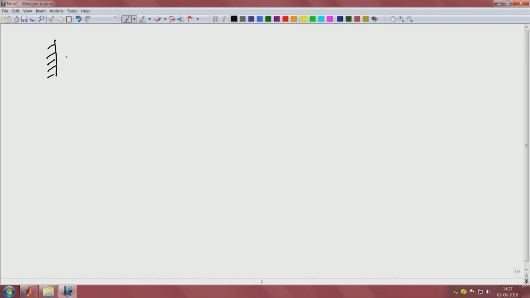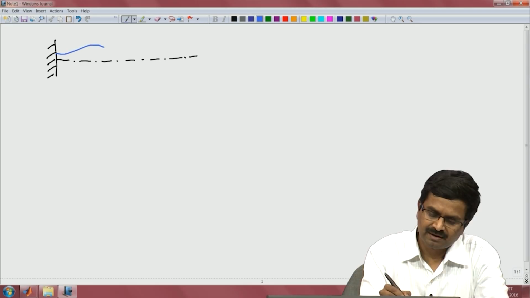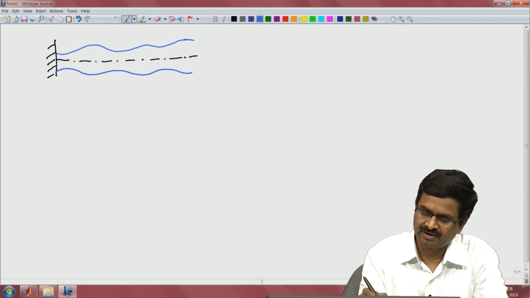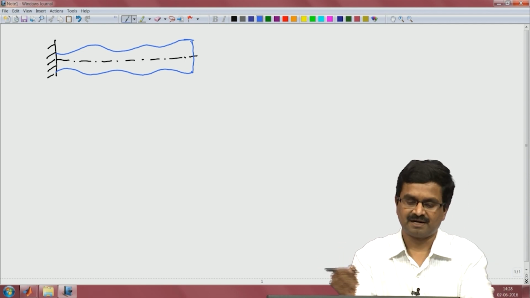bar. Normally you take a bar to be of uniform cross section, but since we are designing a bar today, let us take the axis and show that the bar can have an arbitrary area of cross section. This is the problem that we have been taking as a motivating example for including constraints in calculus of variation.